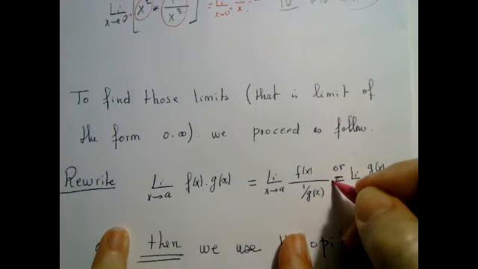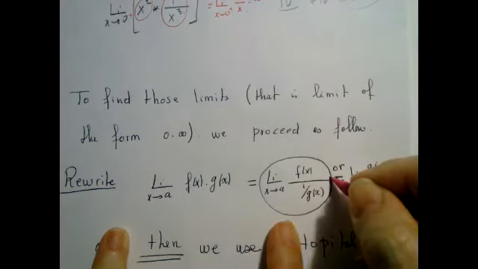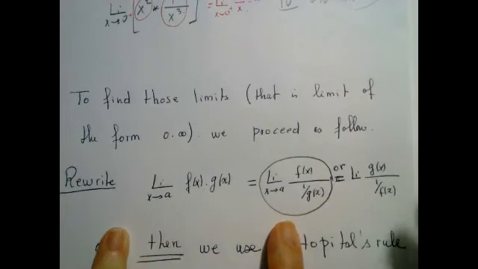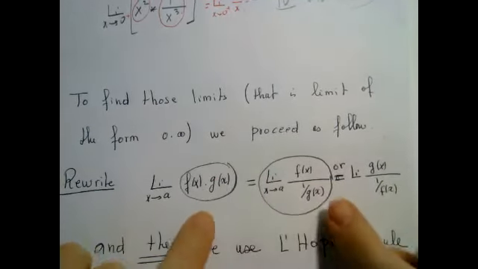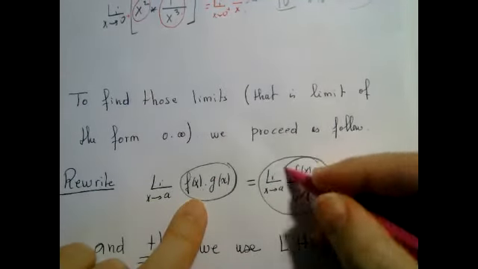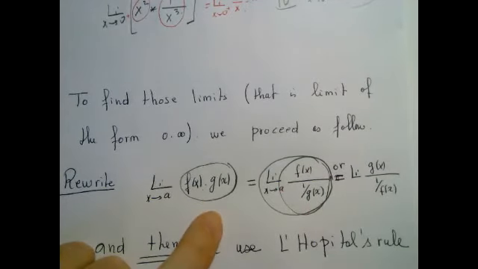Now, question number 1: am I changing the expression if I do that? Yes or no? Because I'm not allowed to change it. I'm rewriting. Are those two quantities the same? Yes, because that's the rule of fractions. So I'm not really changing them.